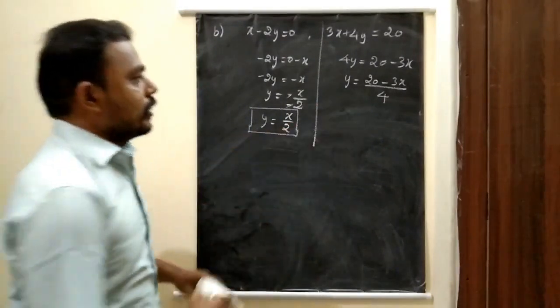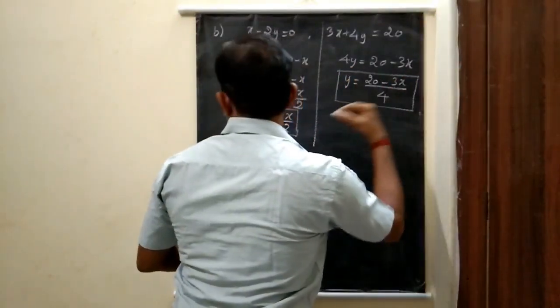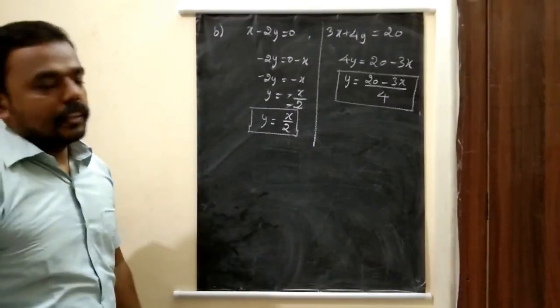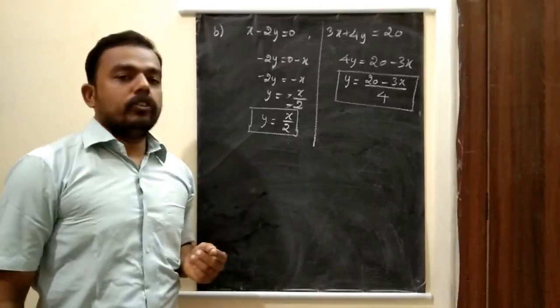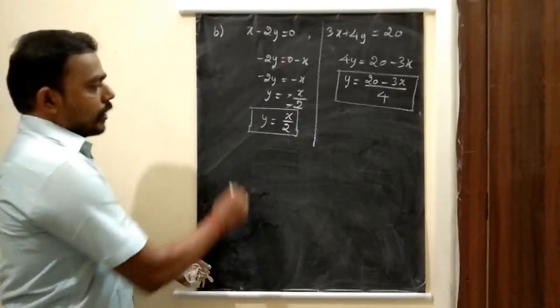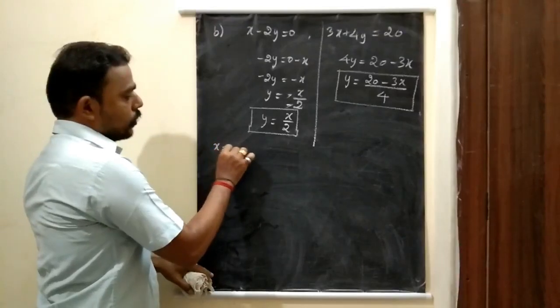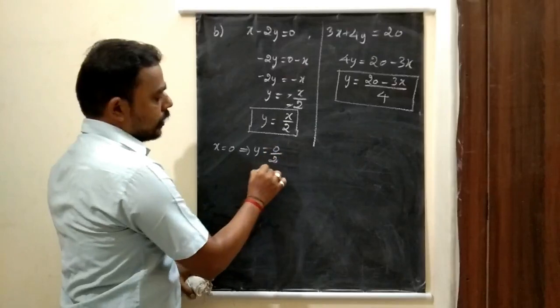For this situation, how to find the points? This is a problem while solving the question. Here, no problem, you can draw easily. Here, the thing is how to draw this type of situation. So for that, the first one: x is equal to 0, what happened? y equal to 0 by 2, that is 0.